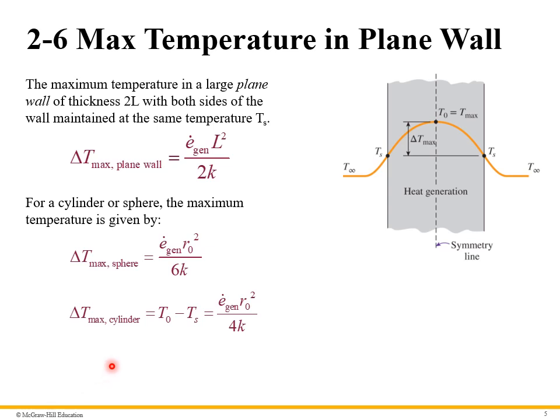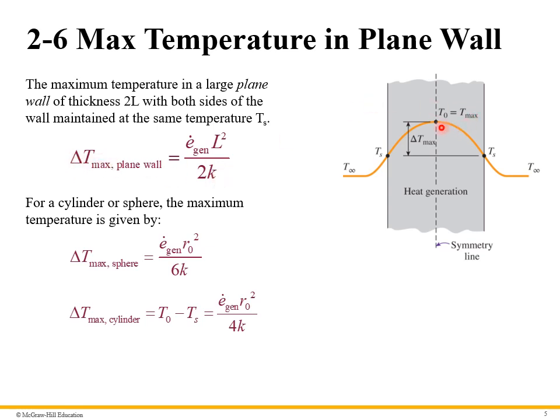So let's look at how this works. Inside this wall, we're generating heat, so the maximum temperature is going to occur at the very center. The book works out the formula, but it's simply E dot gen times L squared over 2k for the delta T max.